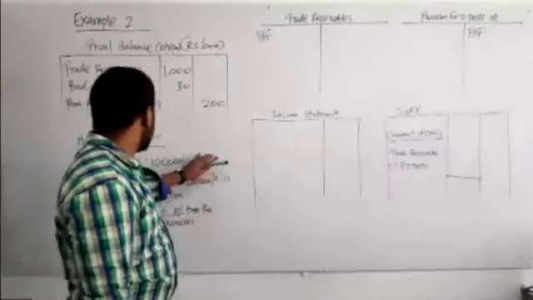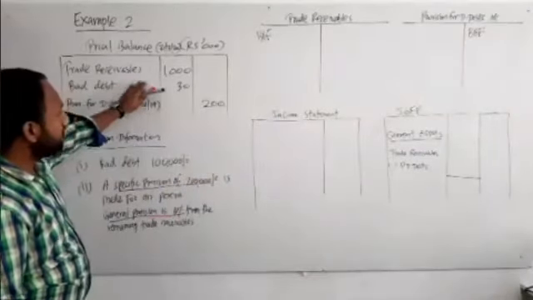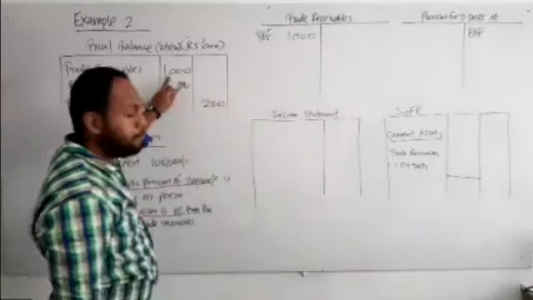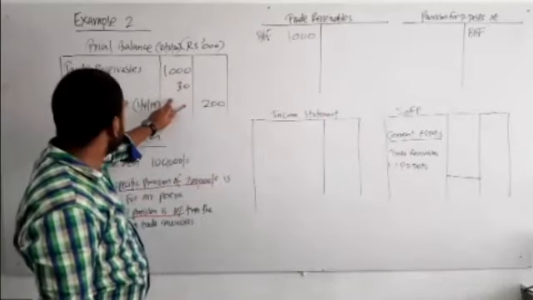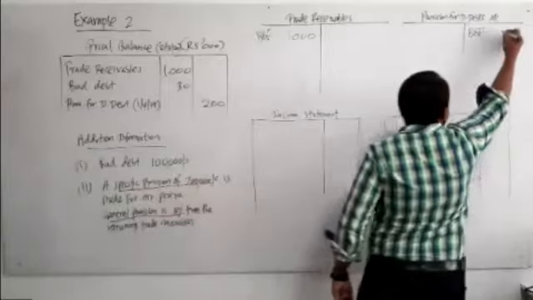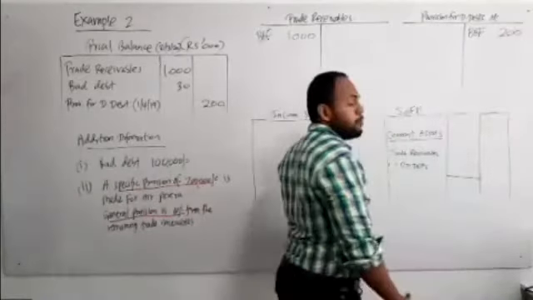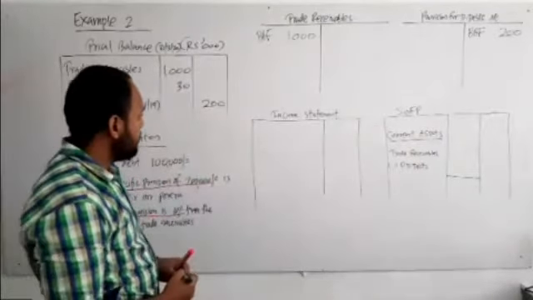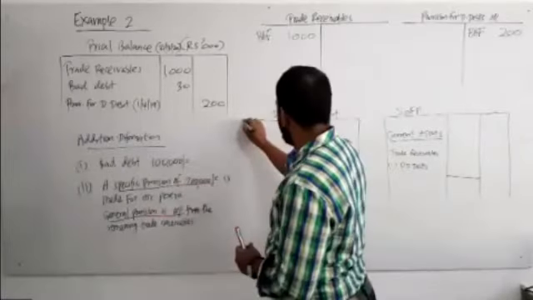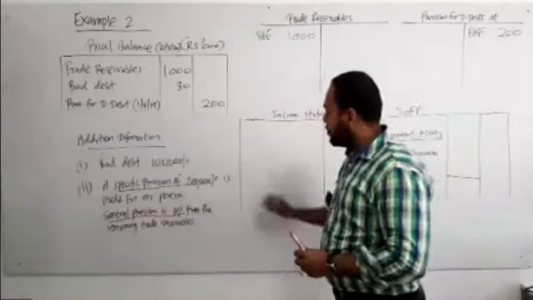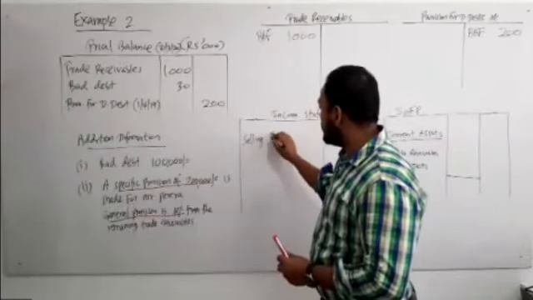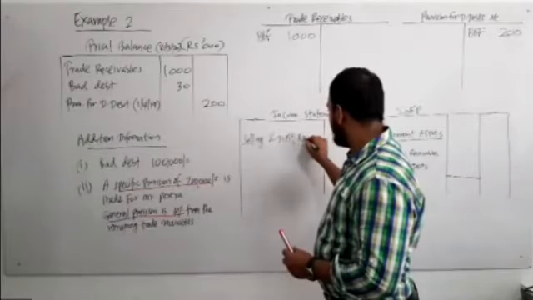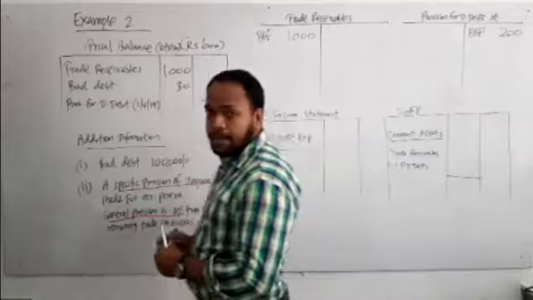So opening balances are given. Trade receivables 1 million, so trade receivable account debit 1 million. Provision for doubtful debt account credit 200,000. And in the income statement, we have selling and distribution expense.